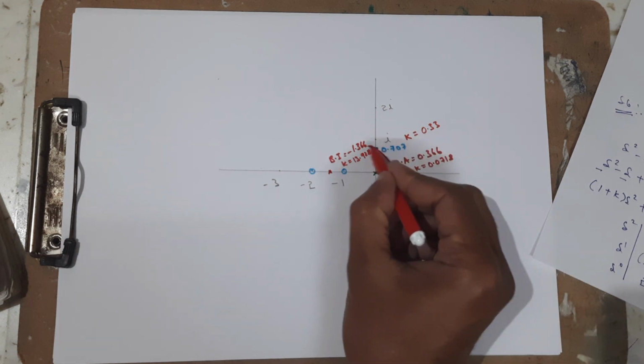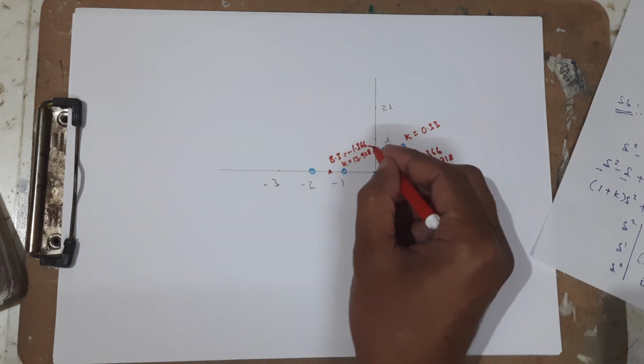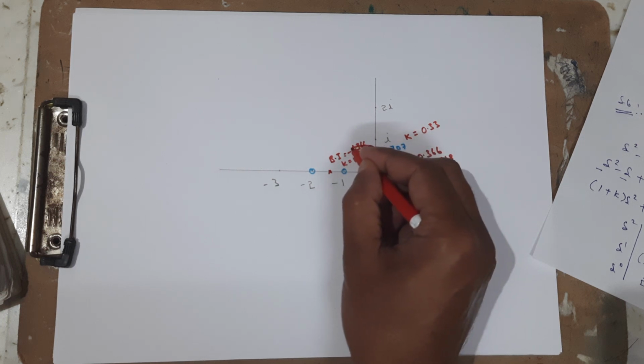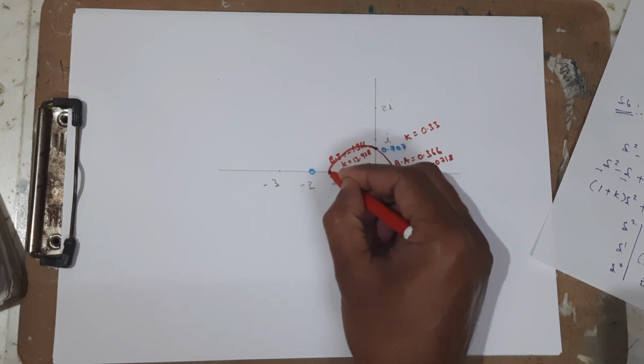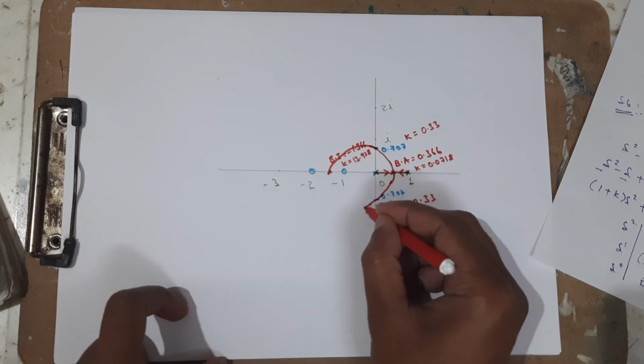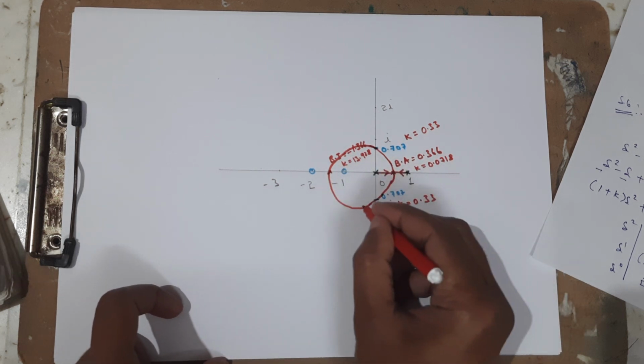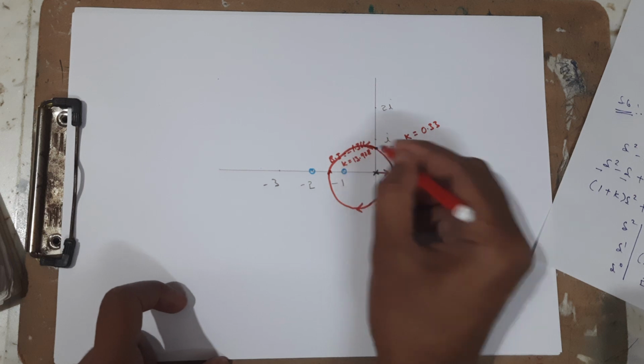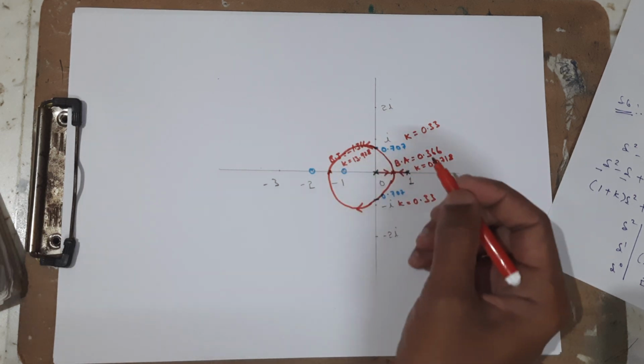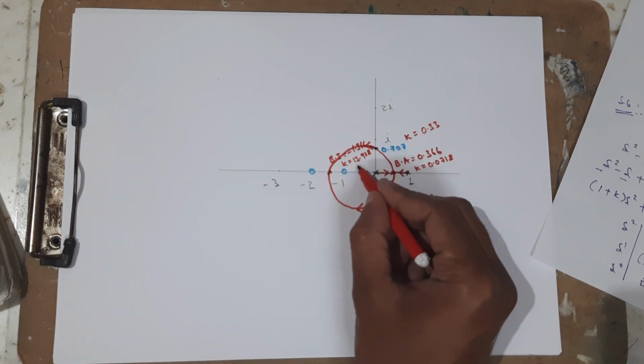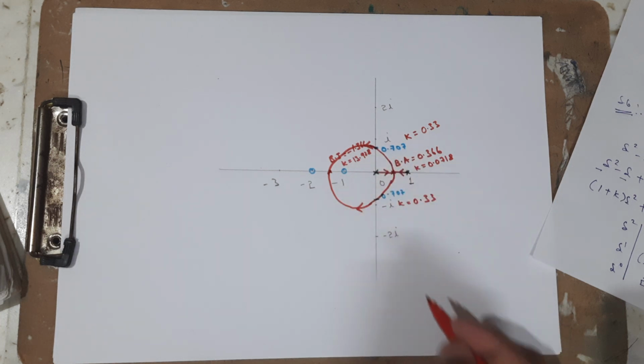Then if I further increase k, the root locus is going to proceed from here and approach the break-in point. So at the break-in point, what is the value of k? That is 13.928.